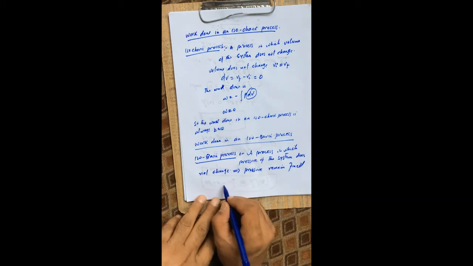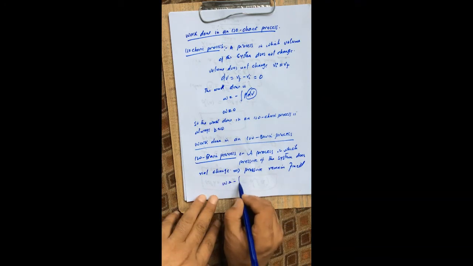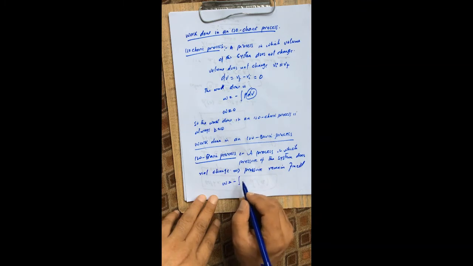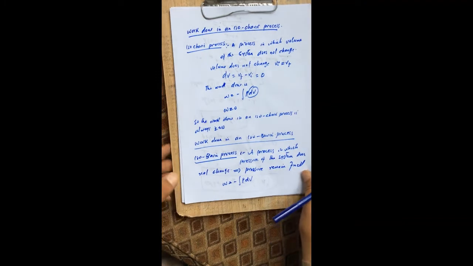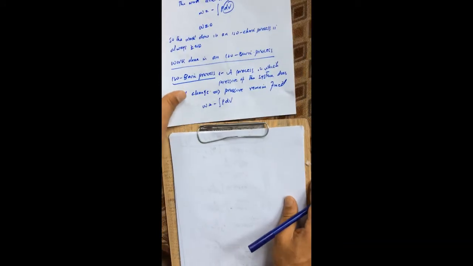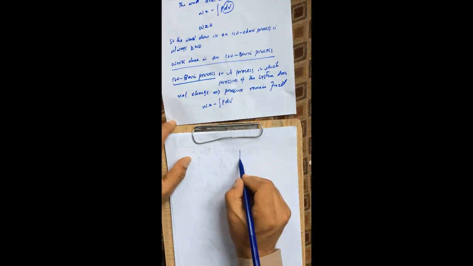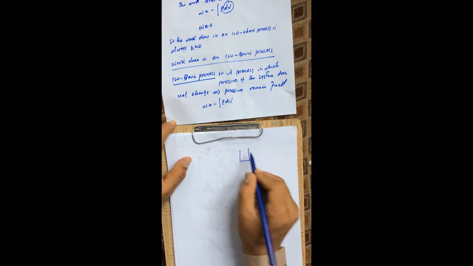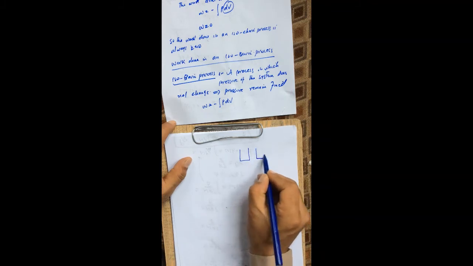Now the work done in such a process will be equal to minus integral of P dV. Here the pressure does not change, while the volume changes from the initial volume to the final volume. I can draw the same system with two different conditions.